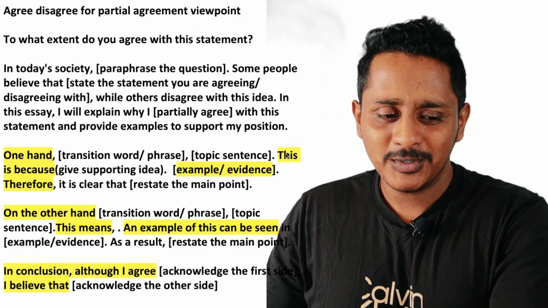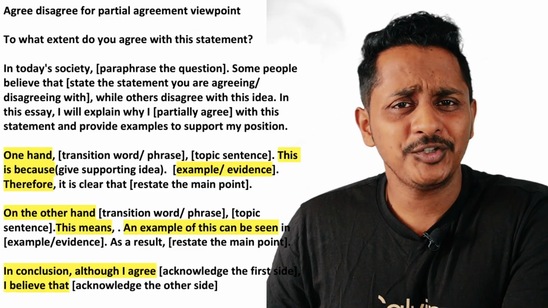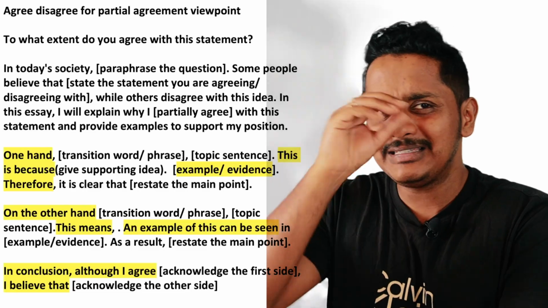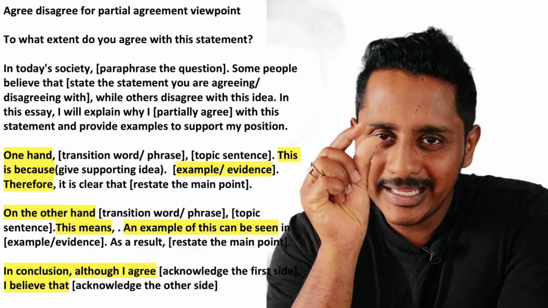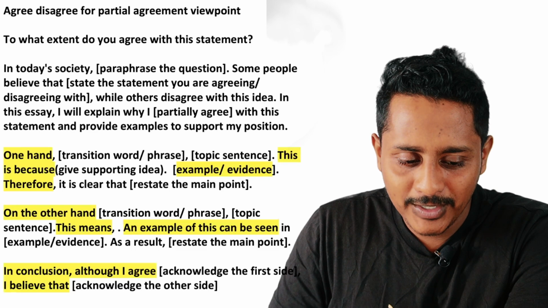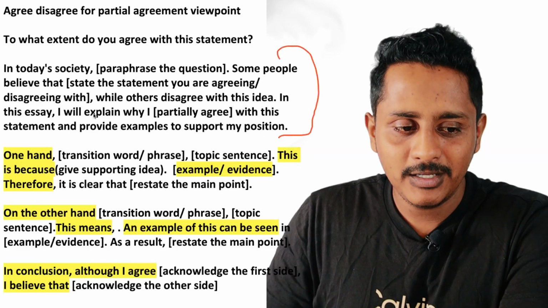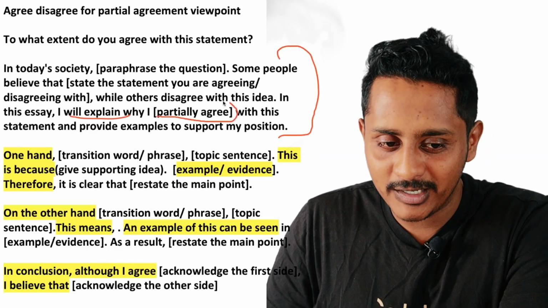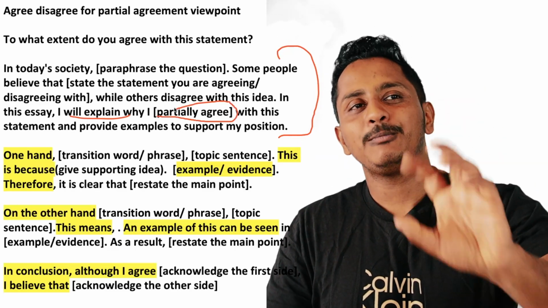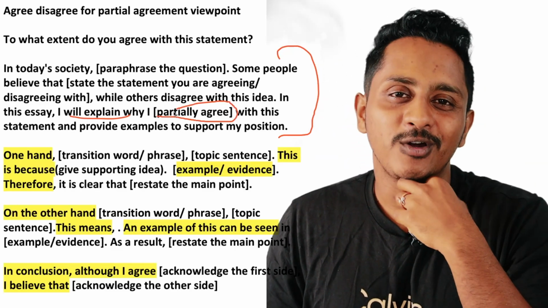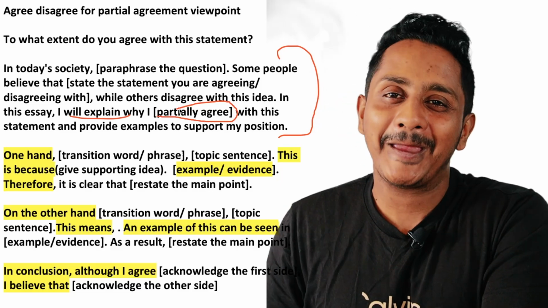Now we will go with the last one, agree, disagree for partial agreement viewpoint. Same thing, same structure, everything, little bit, linking words change. In today's society this remains the same, but here I will explain why I partially agree. It is the same question type, only the question type has the extra keyword called to what extent do you agree.